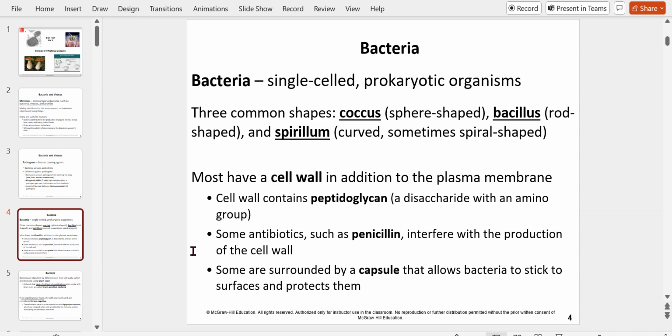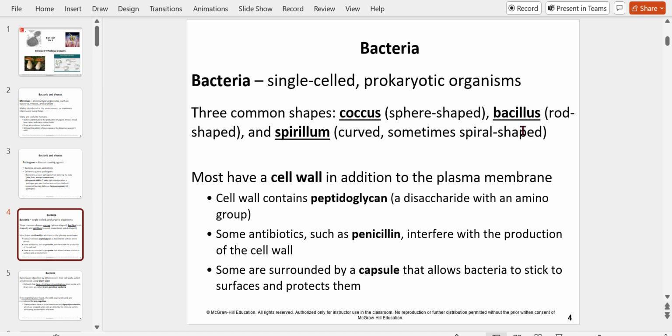Bacteria are single-celled prokaryotic organisms, before the nucleus, you'll remember. Three common shapes are cocci, sphere-shaped, bacilli, rod-shaped, and spirillum, curved or spiral. Most bacterium have a cell wall in addition to a plasma membrane.